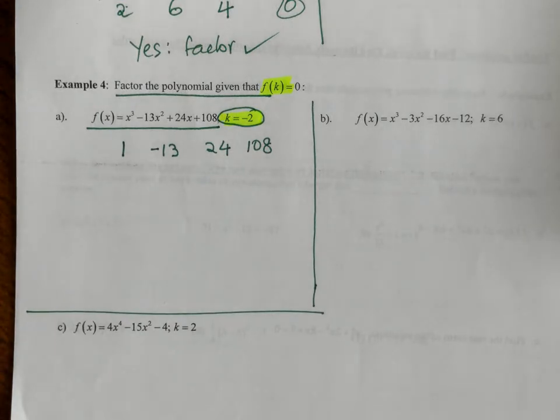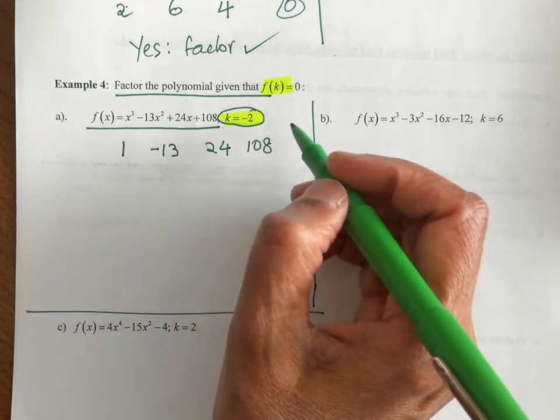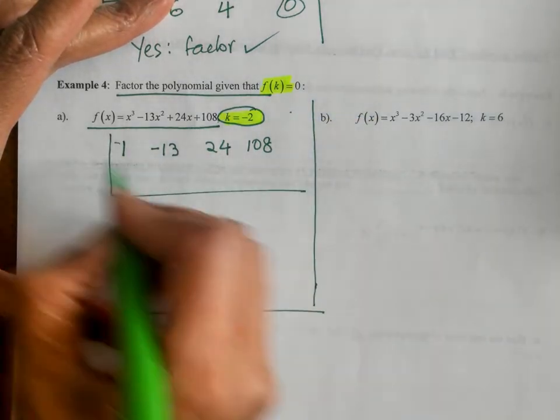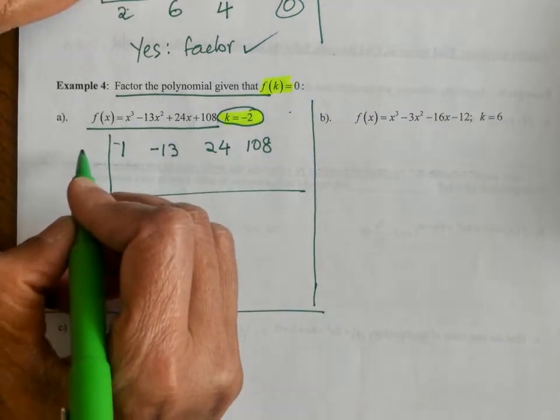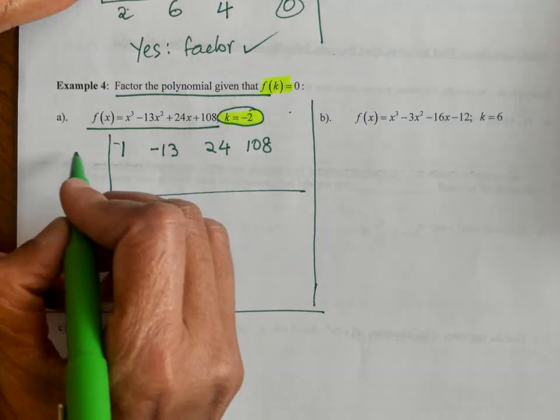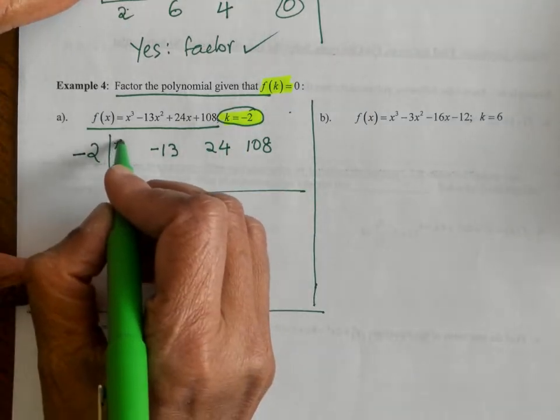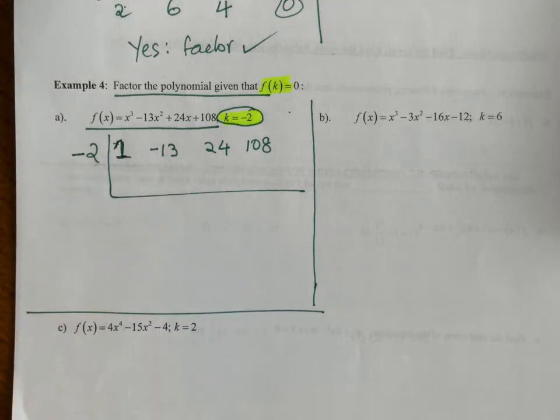I'm going to use synthetic division, not long division. The reason being, k equals -2 is a solution. And remember, in synthetic division, I write my solution here. You don't write the factor, but you write the solution, so I don't have to change the sign. You just write -2, and this is 1. It's important for you to remember that.